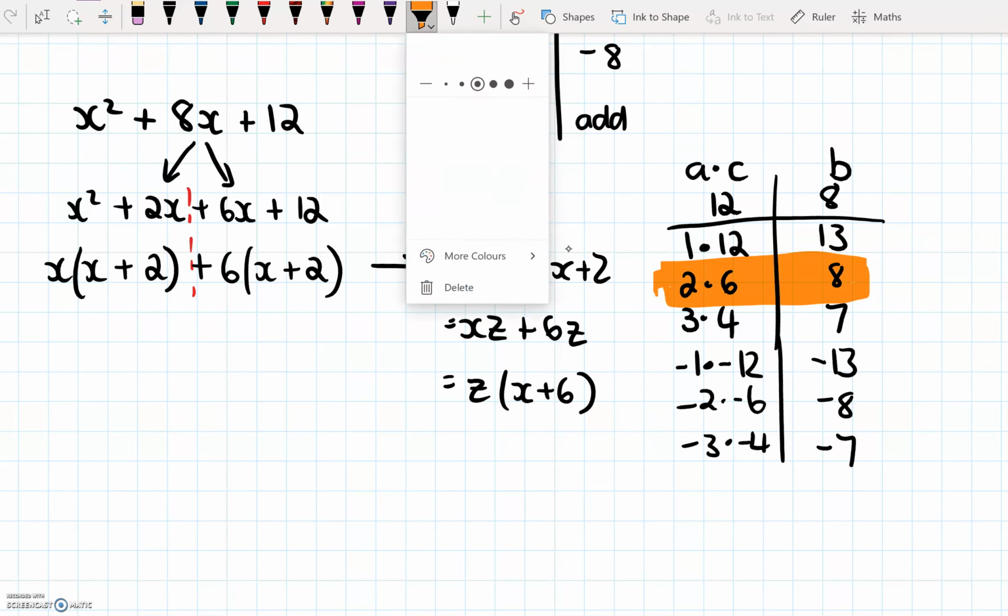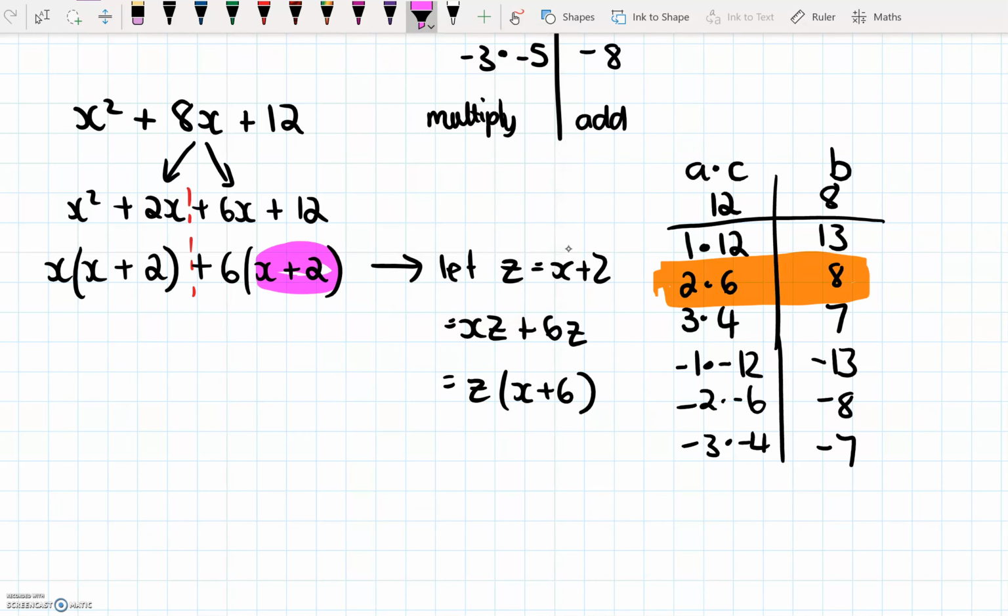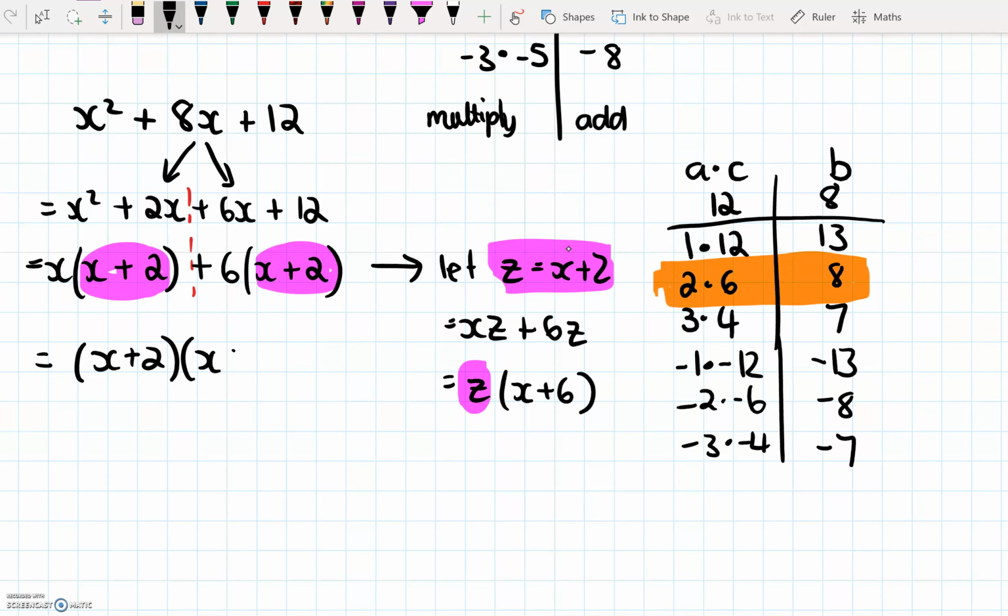But then we originally said that x plus 2 was equal to z. So we're going to replace z with x plus 2, and then we go back to the other side. Z is now x plus 2, and what's left is x plus 6.